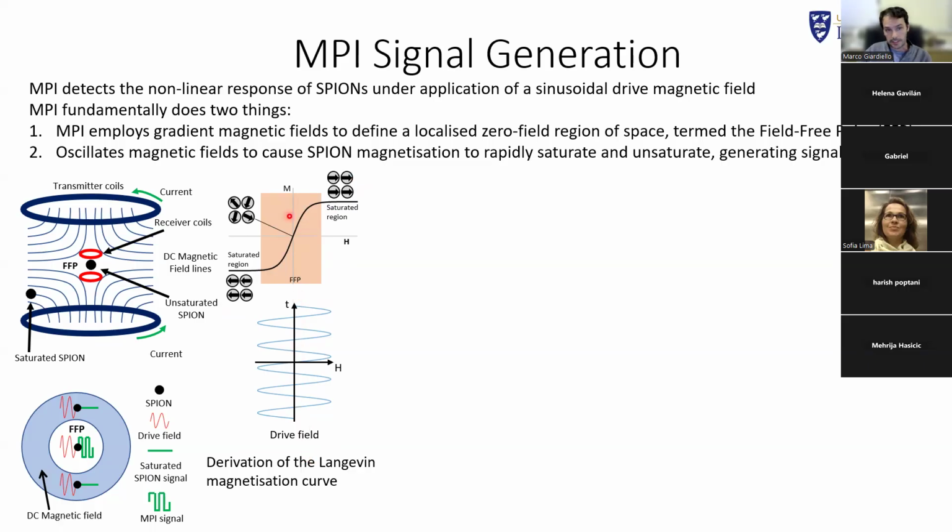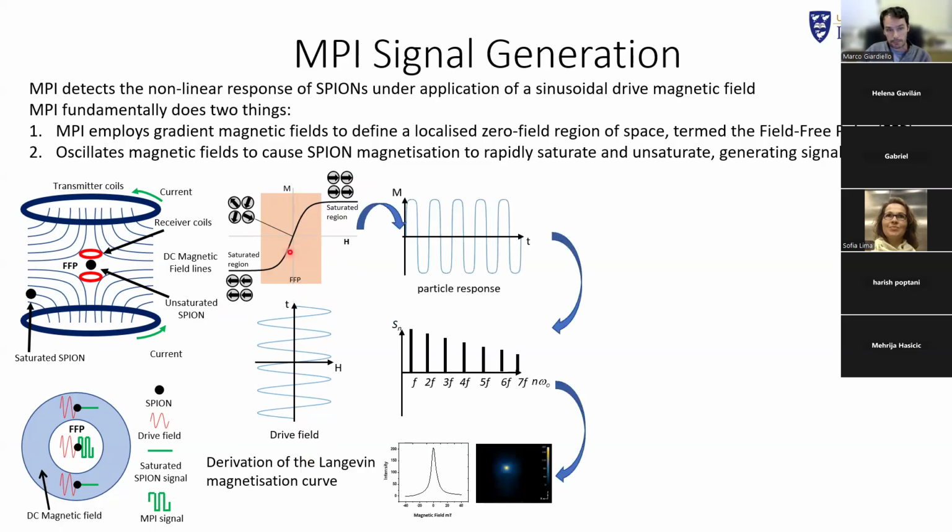In that field-free region, the derivation of this oscillating magnetic field will give you this square wave function kind of response, which then gives you these harmonics, and the harmonics are able to be imaged.